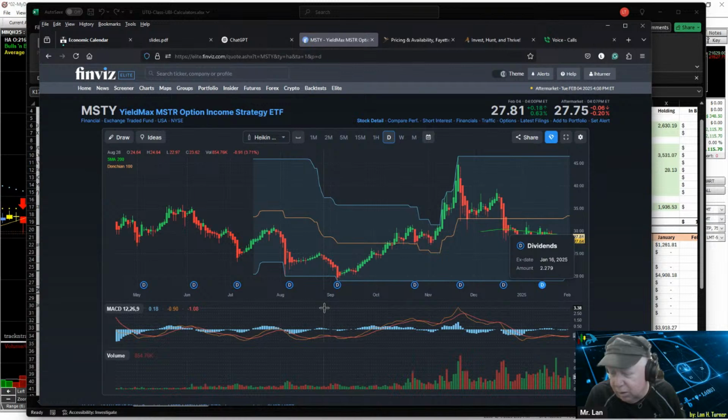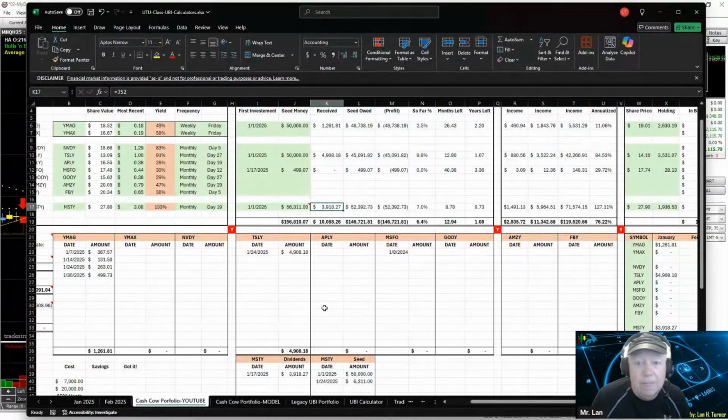Equals $4,395 on February 17th. We'll get paid $4,395 for our $56,000 investment in Misty. That's why we day trade, to get money to put in here so that we can get dividends.